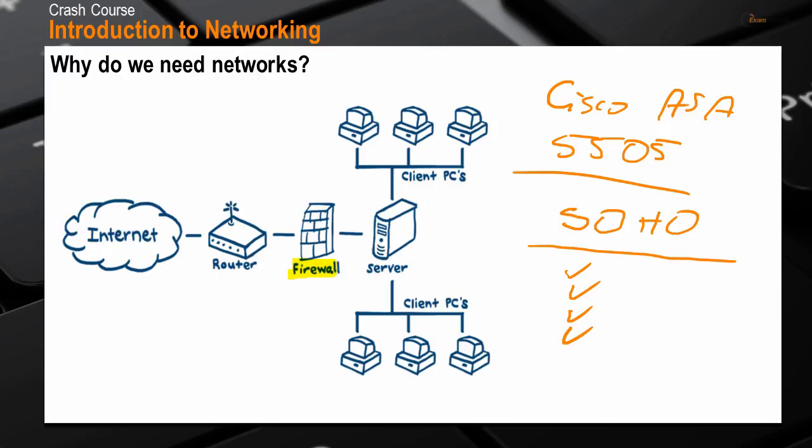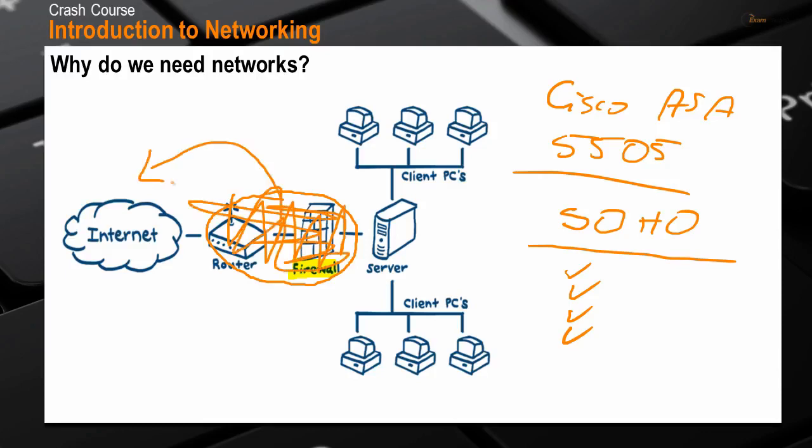To be honest, most firewalls that you can find today have a router on board as well. That's why they can be edge devices. They can be connected to the internet directly. Let me say it again. It means that you can combine these two features, create one box here, connected to the internet directly.